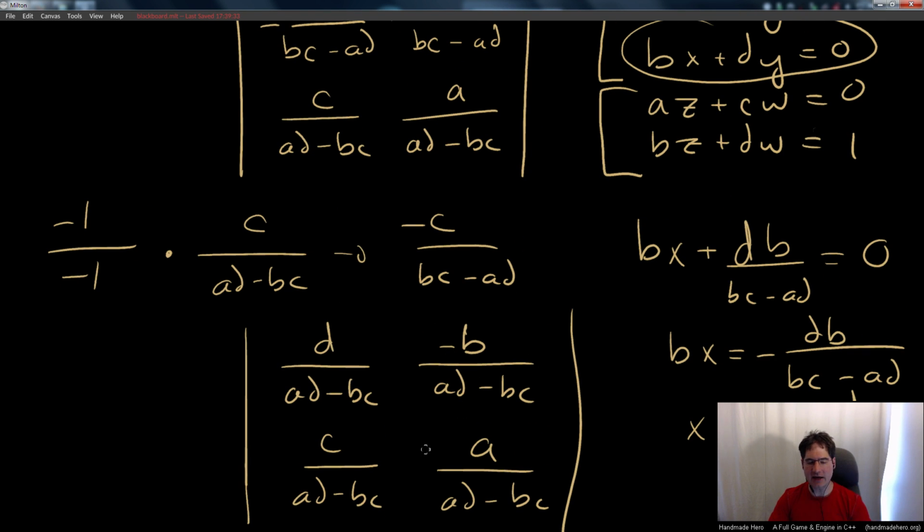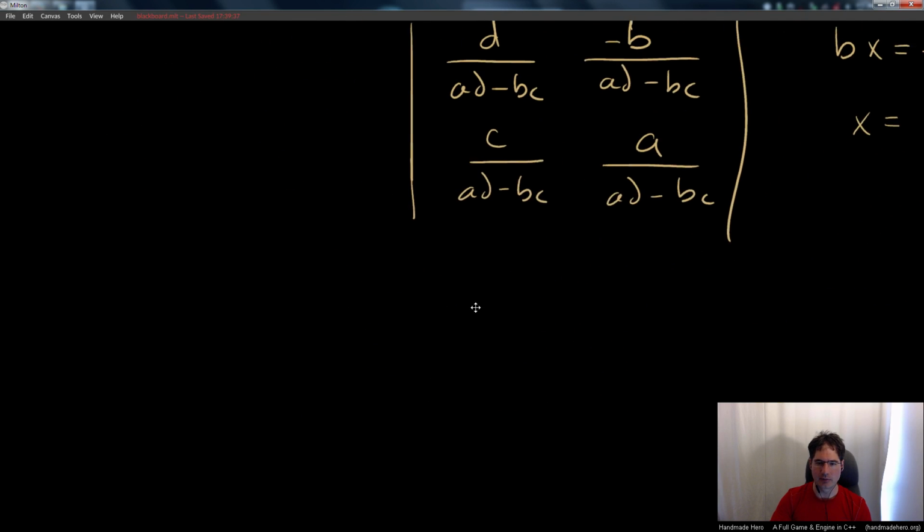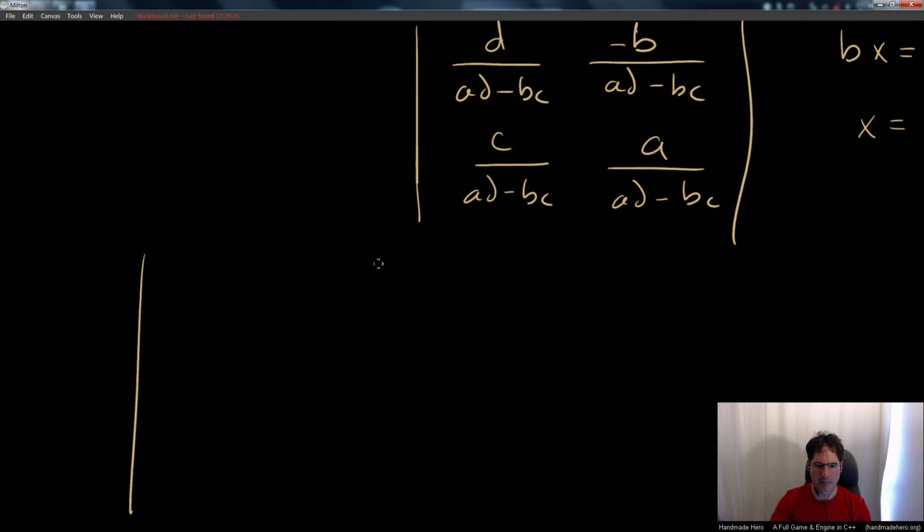So if I take that, I should be able to multiply it by my original matrix, and I should be able to get the identity, if I'd done it correctly, right?